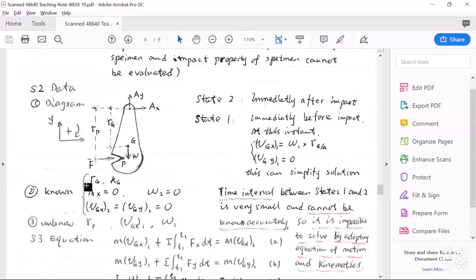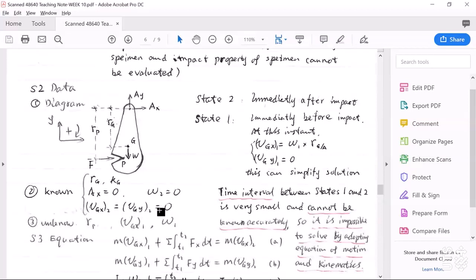Okay, now we already know Rg, the distance from G to A. We already know Kg, the radius of gyration of this pendulum about point G. We know Ax must be 0, and we know omega 2 must be 0. If omega 2 must be 0, then you know Vgx must be 0 in the final position.